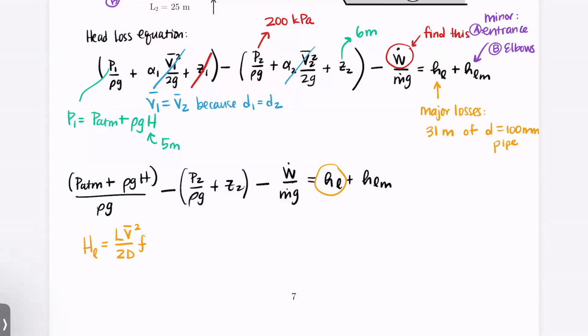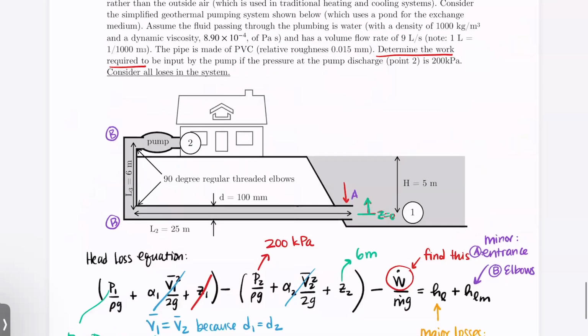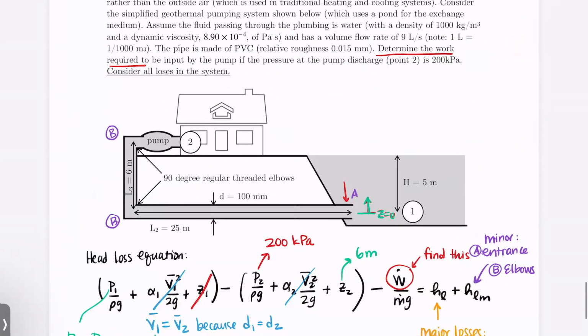So we don't have V yet and we don't have F yet. Let's find V first because we're going to need V for the Reynolds number anyways. So V is equal to Q divided by A. We were given Q and we can figure out A.